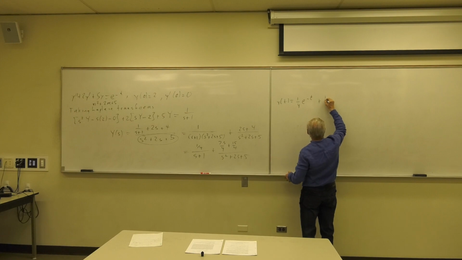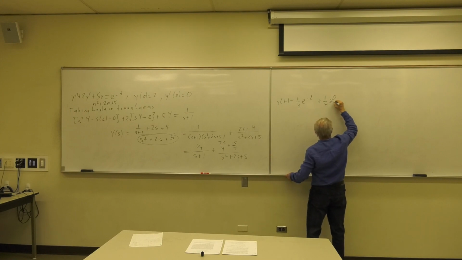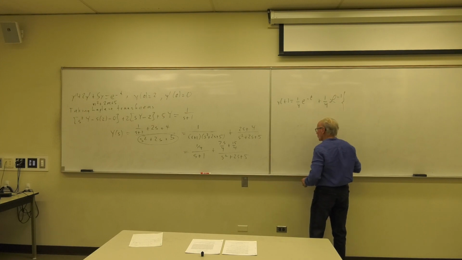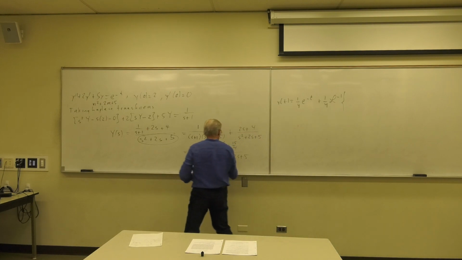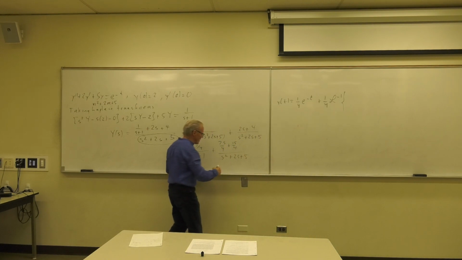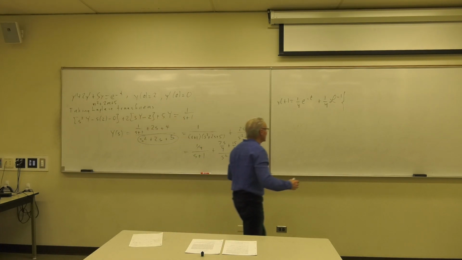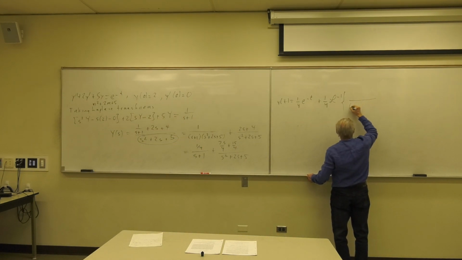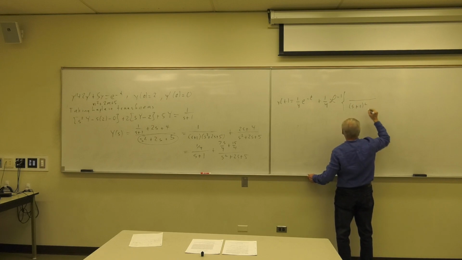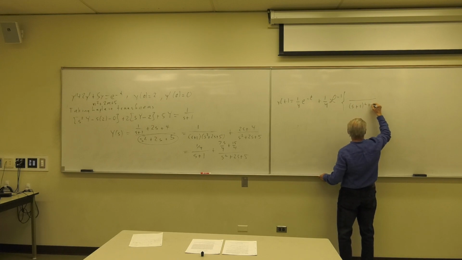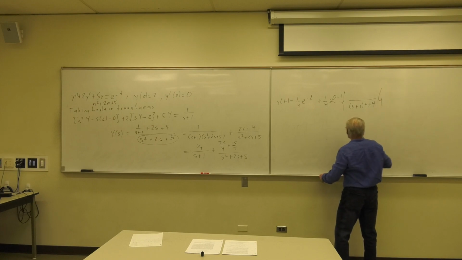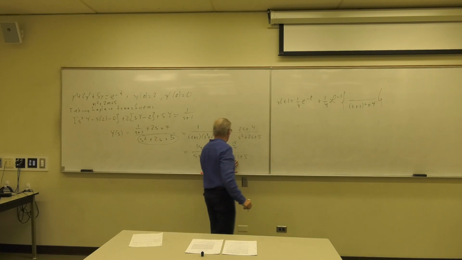Let's pull out the quarter, inverse transform, and let's start to work on it. Because of this quadratic, we saw last time that what we should be doing is completing the square. So let's do that. s plus 1 squared, and then we're going to need a plus 4. So that's the square completed on the bottom.